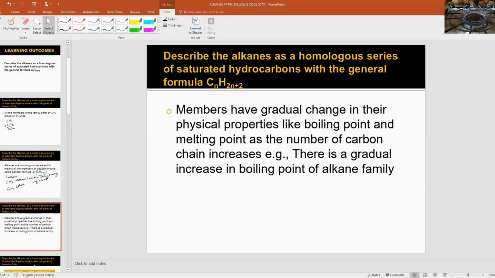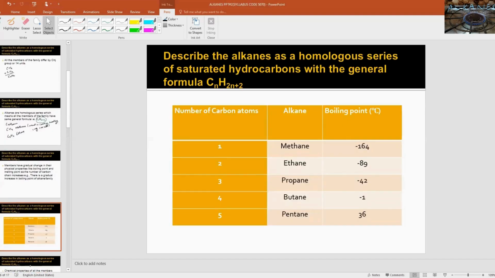Members have a gradual change in their physical properties like boiling point and melting point as the number of carbon chain increases. For example, there's a gradual increase in boiling point of the alkane family. You can see this table showing the first 5 members of alkanes, which are methane, ethane, propane, butane, and pentane.